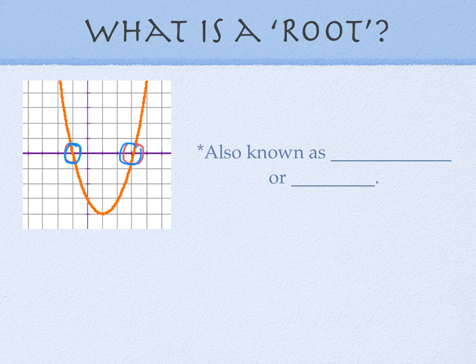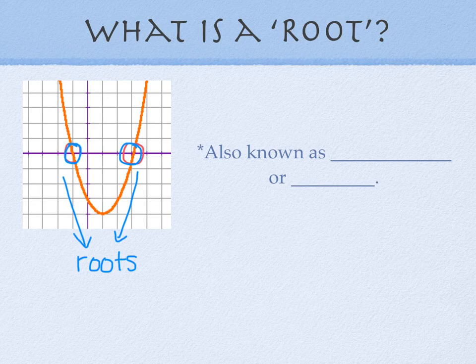Here and here. And those points there are what's known as the roots of the quadratic equation. So we spent a long time talking about the vertex. I want to make sure you're not going to get mixed up here. This down here is the vertex, but these points are special for their own reasons. And so these are called the roots.